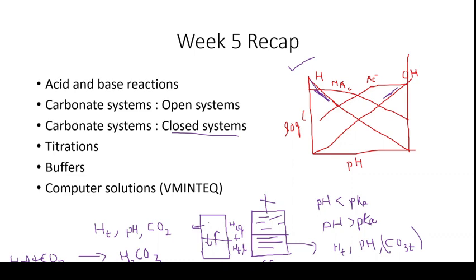So this was where the concept of open system was based. Further, we studied titrations, acid-base titration. Titrations are used for many other applications like alkalinity and acidity, but we studied acid-base titrations. We studied the equivalence point as well.